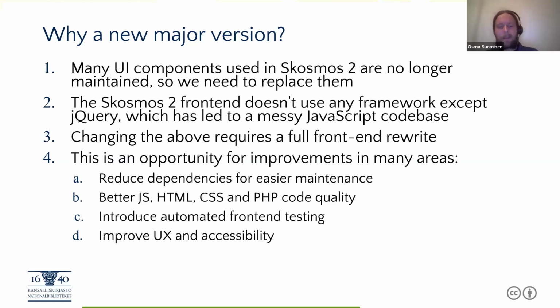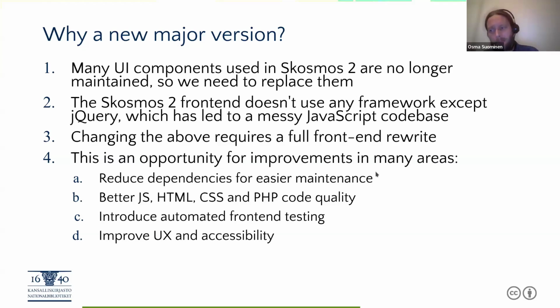So the code ends up being this kind of a messy spaghetti. So yeah, we were not happy with how that ended up, and cleaning it up basically means rewriting. So changing these two things in practice meant that we have to rewrite the front end.